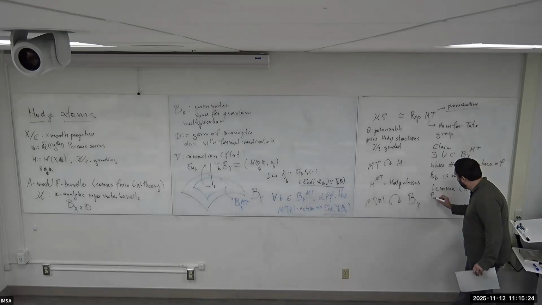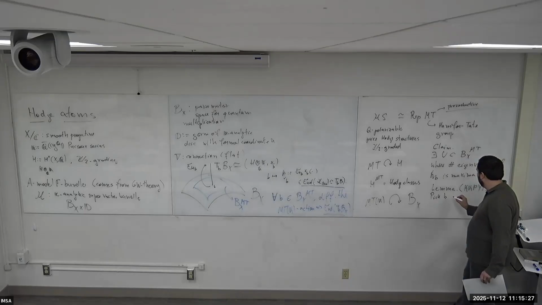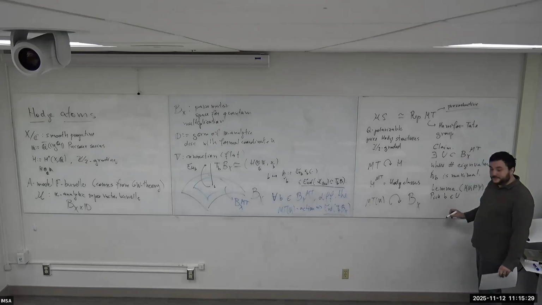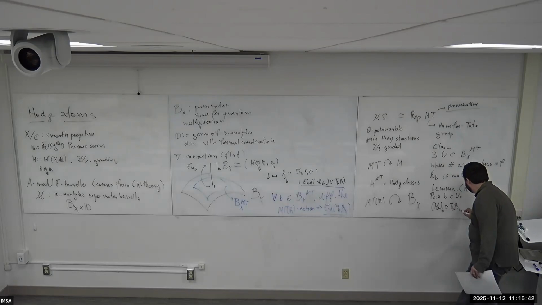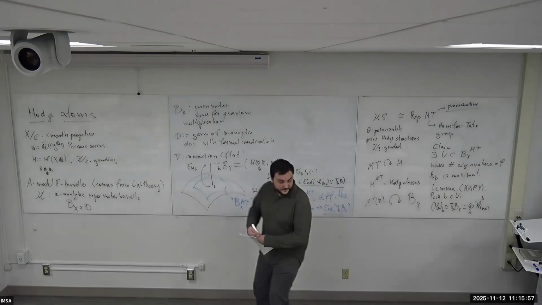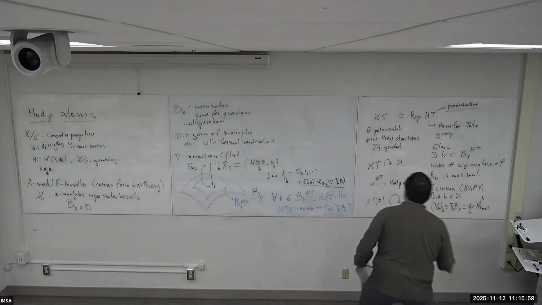So pick B here on this U. Then look to this decomposition of H0 B, BX, into the generalized eigenspaces. Let's call it CB.